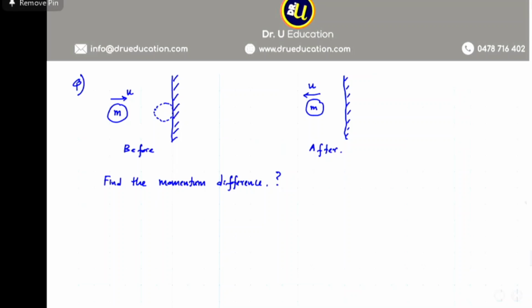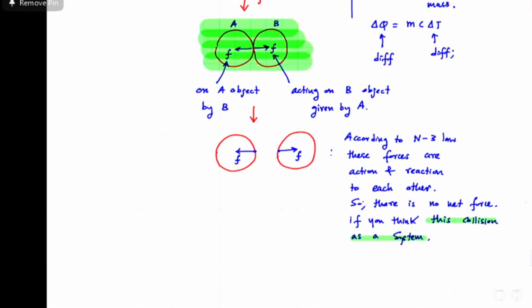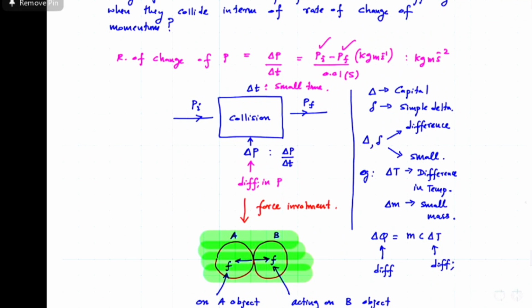Okay, anyway. So does direction matter or not? Direction matters. Why? If direction does not matter, the momentum change is zero, right? Now you go back here. So there is a direction, and look at this, there is a finite momentum change. Why? Because of this collision, right? If there is no collision, what will happen? This becomes zero, because this becomes pi. So pi minus pi is zero, divided by delta t, zero, right?